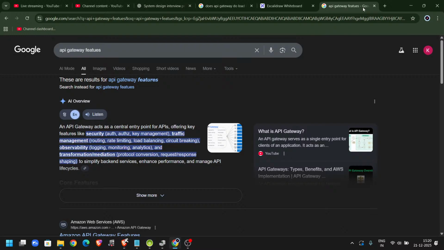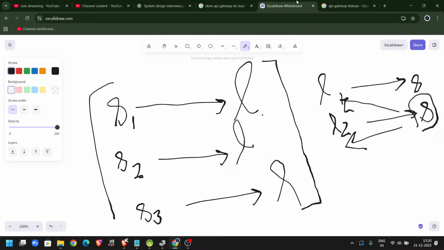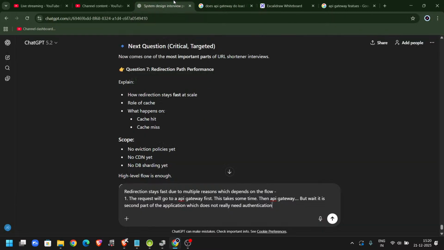I got interrupted. An API gateway acts as a central entity for all these things, even analytics. So yeah, that is okay.